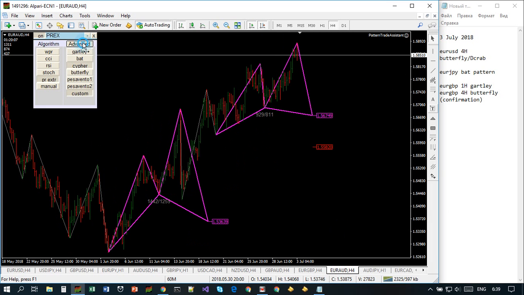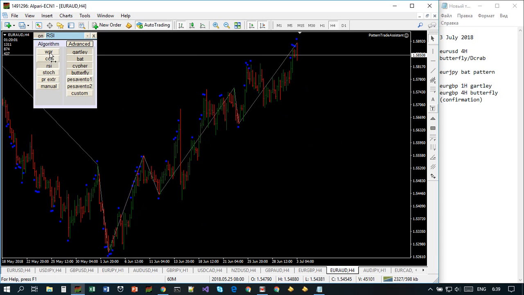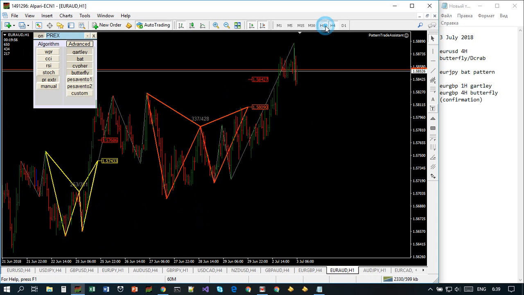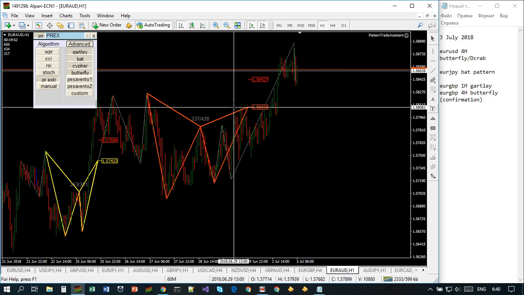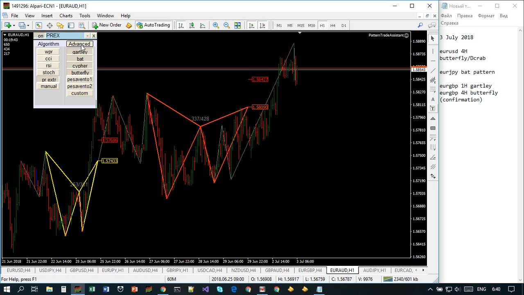Euro Aussie harmonic patterns, advanced patterns, potential cipher pattern. Let us switch to see if it is seen by other algorithms. No, it's not an obvious one. And 1 hour. So we had this Gartley winner, harmonic and advanced. It was seen by both of them.